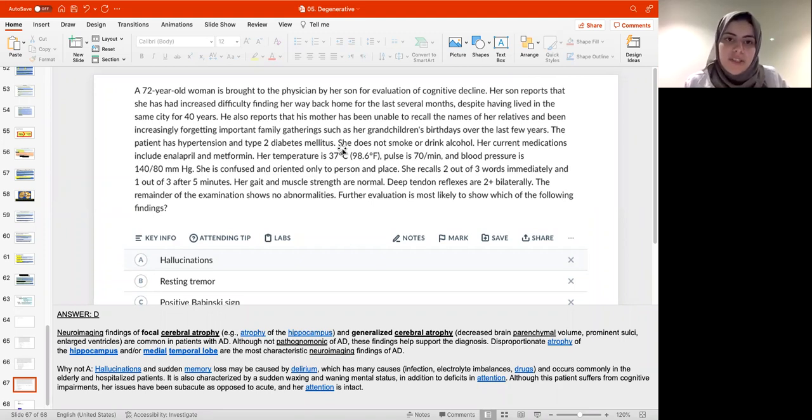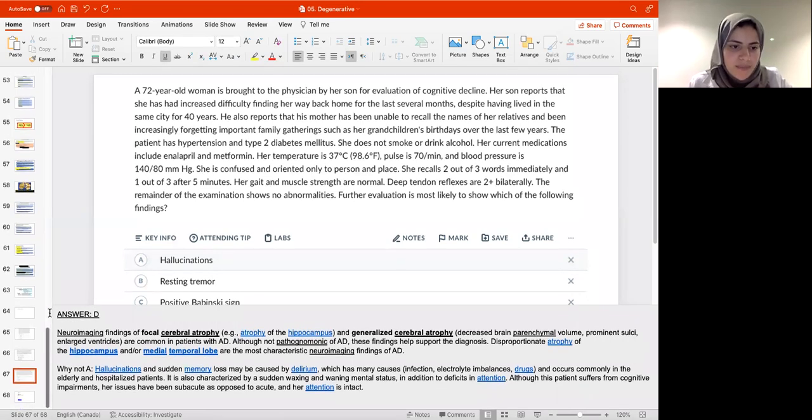She's elderly, she's forgetful. For Parkinson, remember, they'll have to mention pill-rolling tremor. If they don't mention it, they can give other signs of movement disorders. They wouldn't present with dementia this early. The dementia would come later.